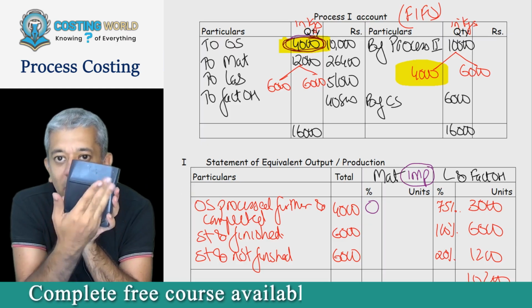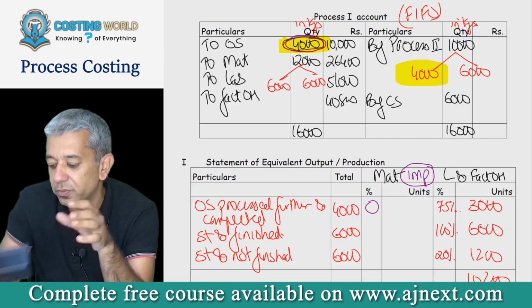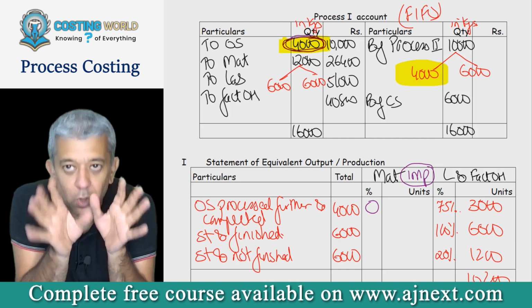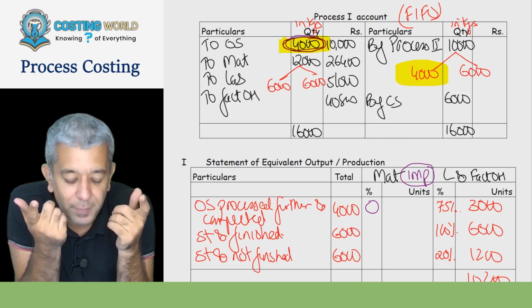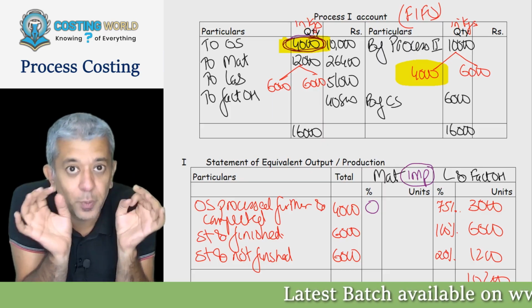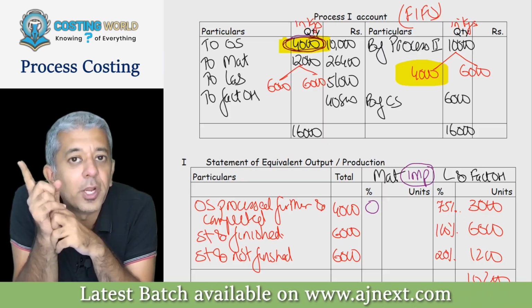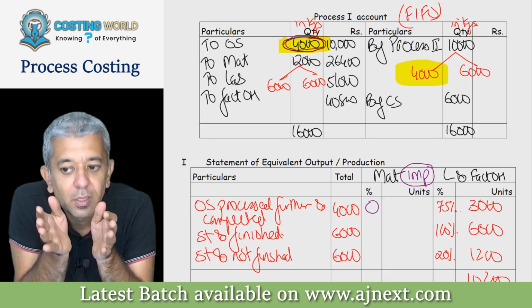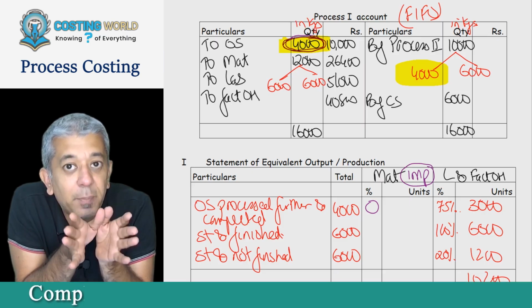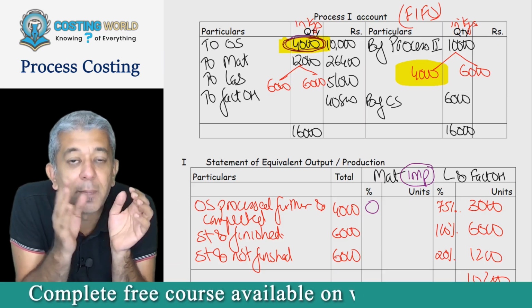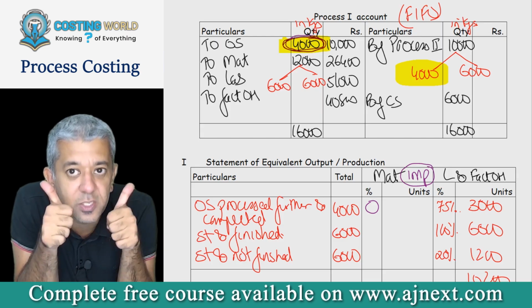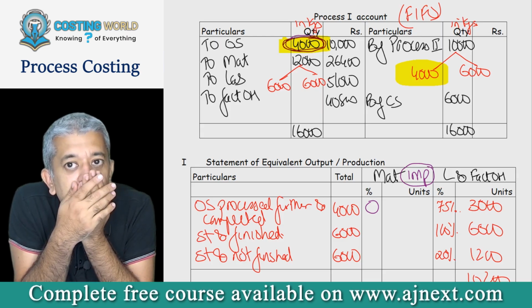It will require material for this particular side to be put in more, no? Yes. So it should be remembered that 1 unit of opening WIP might become 1 unit of finished goods and might still require more material. Is this okay? Yes, sir.